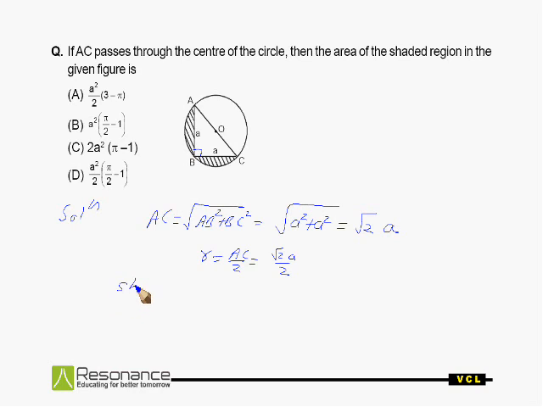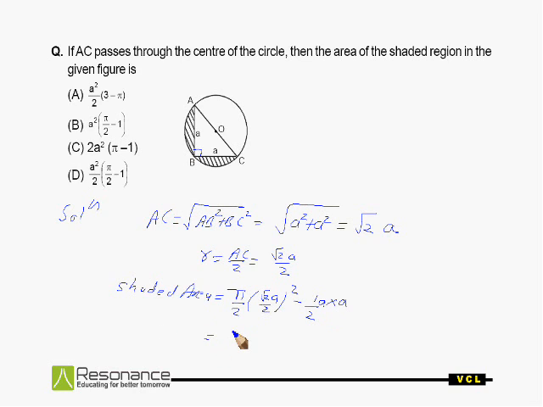So the shaded area is equal to the area of the semicircle, that is pi r square divided by 2, where r is root 2 a by 2, minus the area of triangle ABC. The area of triangle ABC is half the multiplication of the two sides making the right angle, that is a and a, so a into a.